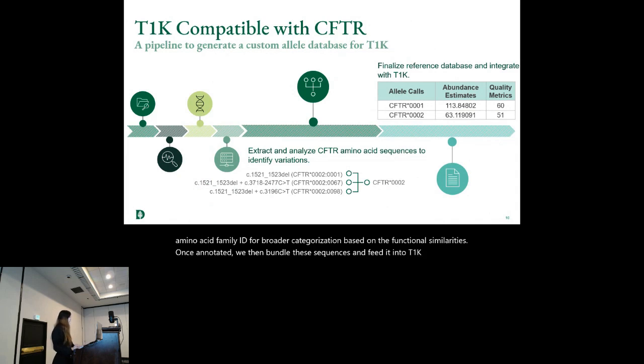Running T1K against this custom reference then yields a straightforward output. For each sample, we report the two most abundant alleles with their abundance estimate and the quality scores that reflect the genotyping confidence. Here, we have CFTR0001 as the amino acid sequence for germline, and all CFTR0002 alleles contain the F508 deletion mutation.